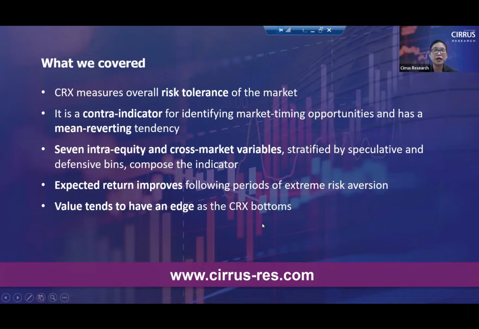And in terms of implications, what we find is that expected return improves following periods of risk aversion, which is currently the case right now. And we also see that value tends to have an edge. So this pretty much summarizes what we had covered for how we had built the indicator for risk appetite.